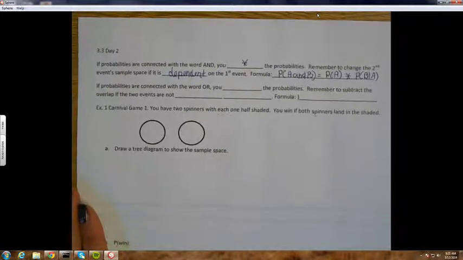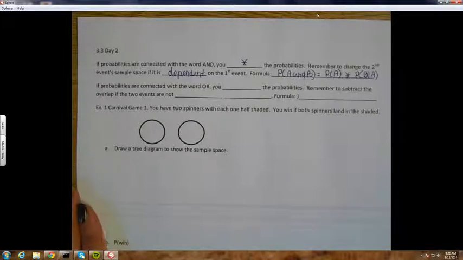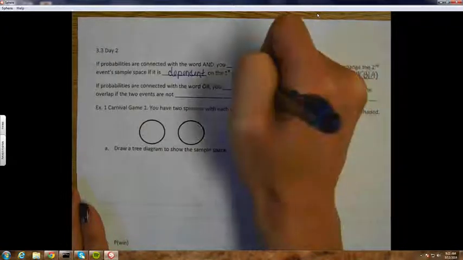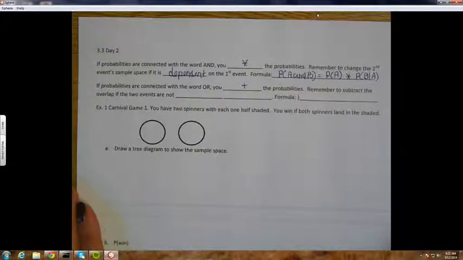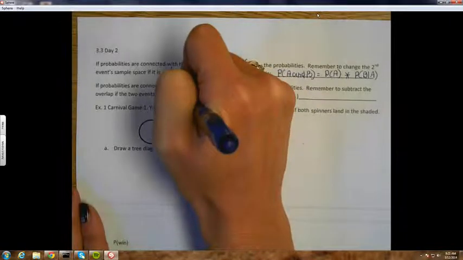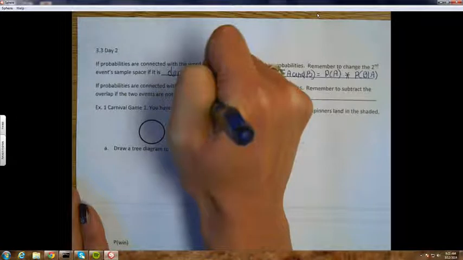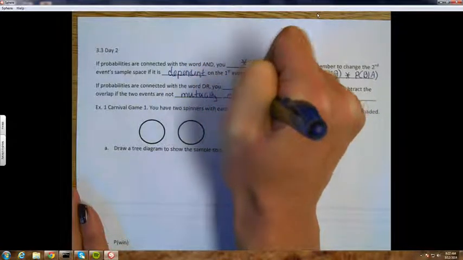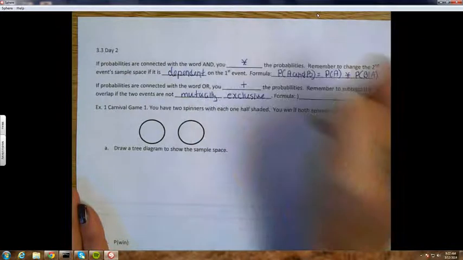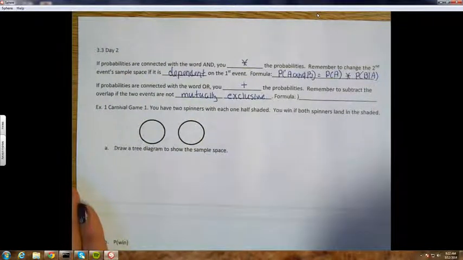Okay, that was 2 days ago. Yesterday, if the probabilities are connected with the word or, that means add, and remember to subtract the overlap if the two events are not mutually exclusive. Formula.